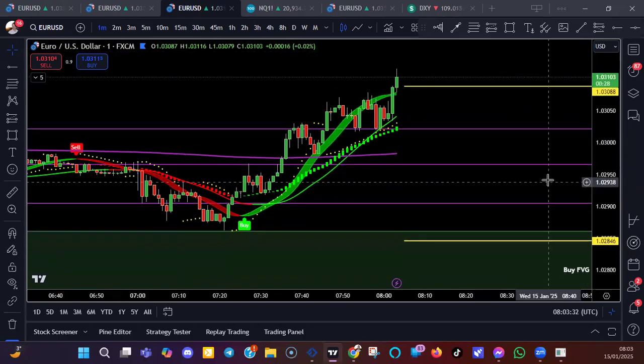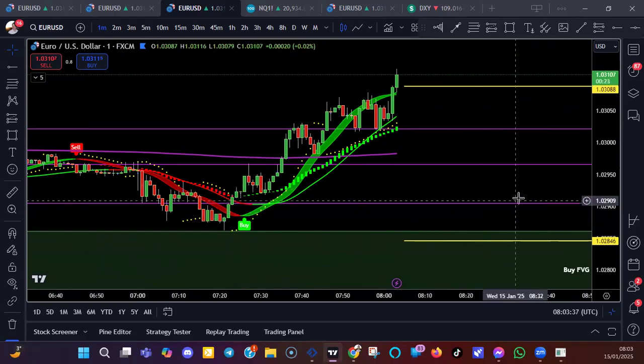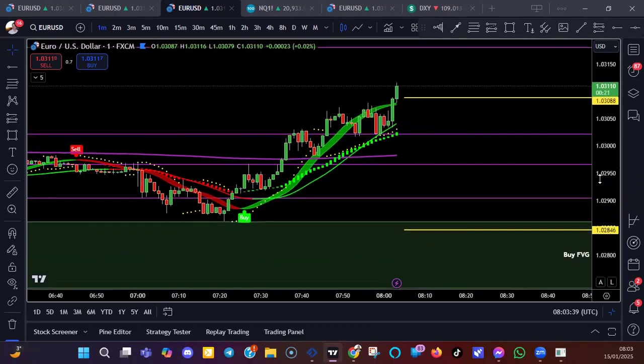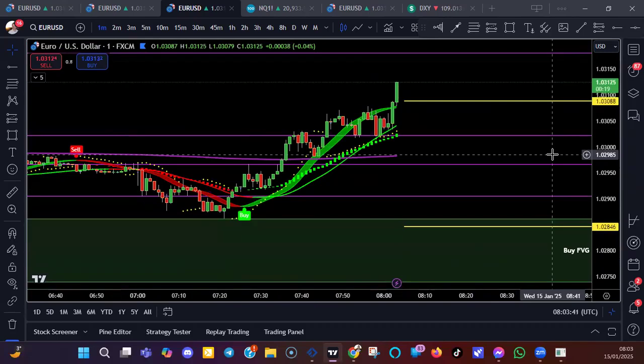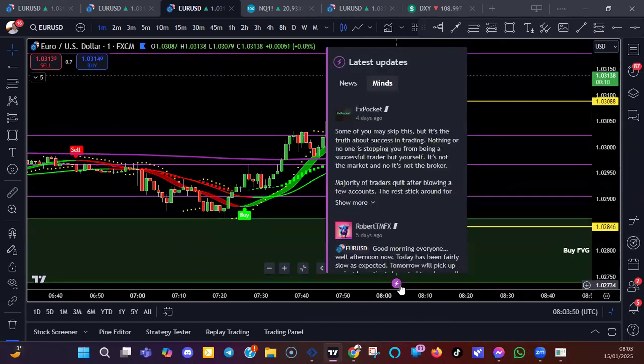So it's no longer a surprise why price does these things. But now we're in the sell zone. So we're looking for the next sell. Incidentally, this is from TradingView itself.